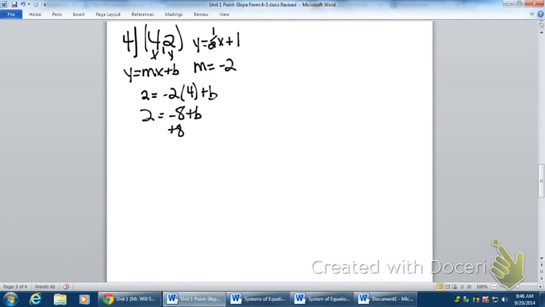Add 8 to both sides. And the last step that you should be doing is putting it in slope-intercept form. Y equals our new slope, which is -2x, and our b value, which is 10.